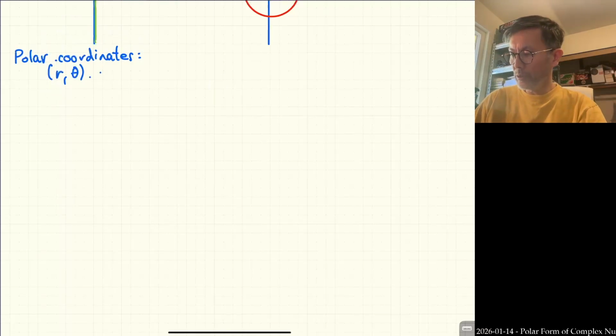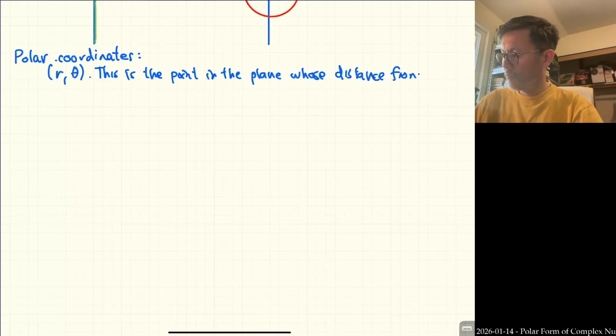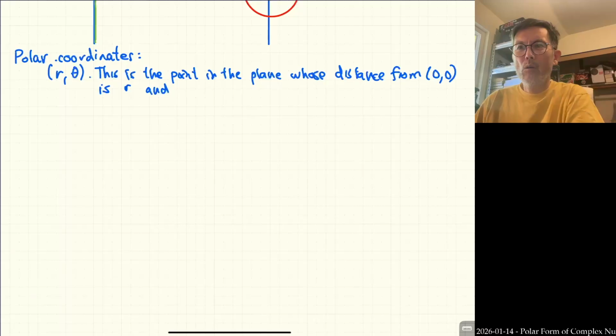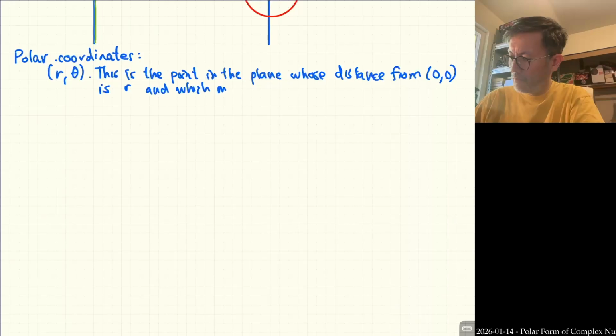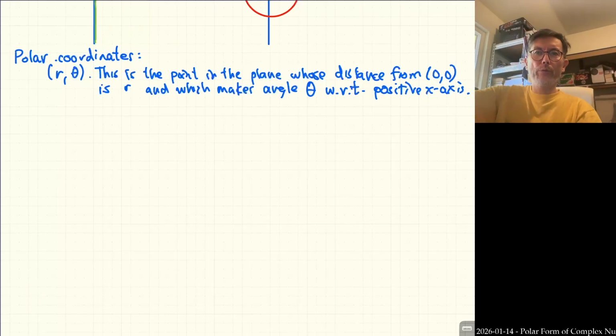This is a point in R2, the point in the plane whose distance from the origin is r, and which makes an angle of theta with respect to the positive x-axis. Okay? It makes an angle of theta with respect to the positive x-axis.